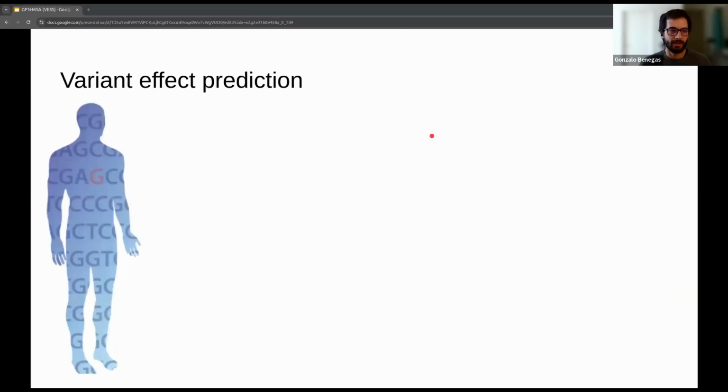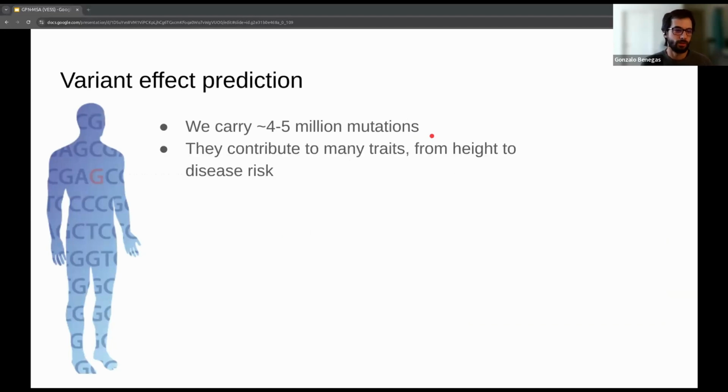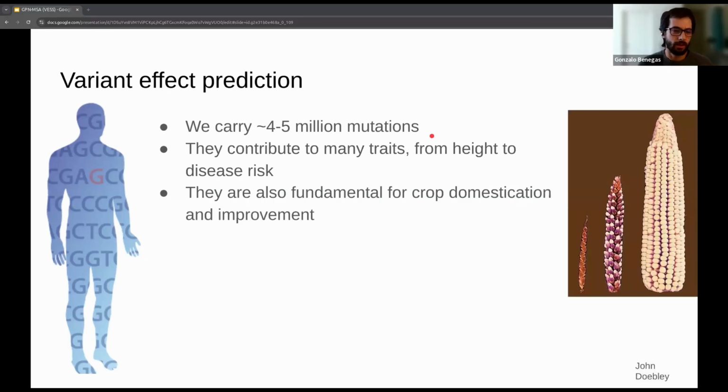Now a very brief description of variant effect prediction, what I mean by it. There are millions of mutations in our genomes, and they contribute to so many traits, from height to disease risk. But also in other really important systems, such as our crops, they are important for how these have been evolving and improved.